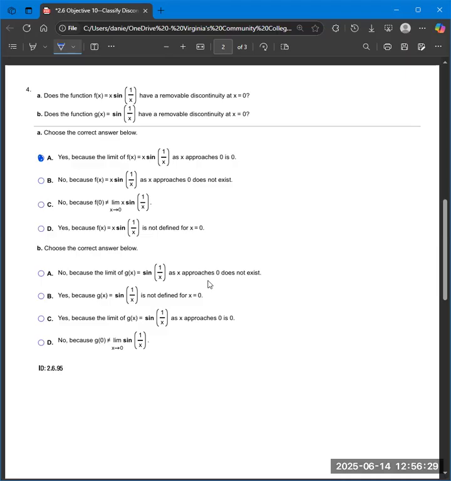It really doesn't have a limit. It's also just not defined at 0 because of 1 over x not being defined at 0. So it doesn't have a limit as x approaches 0. So no, that's not a removable discontinuity there.